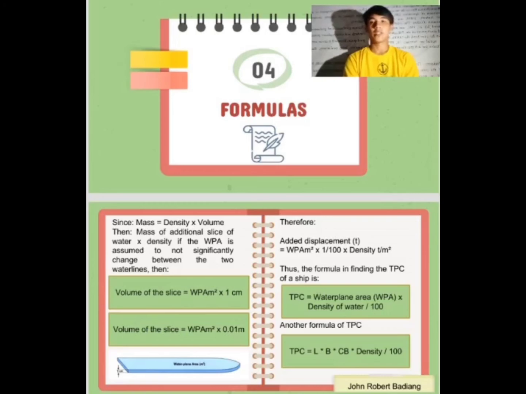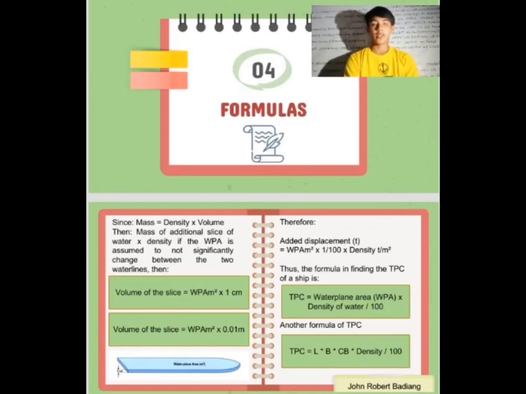Then volume of the slice equals WPA in meters squared times 0.01 meter. Therefore, added displacement in tons equals WPA in meters squared times 1 over 100 meter times density in tons per meter cubed.